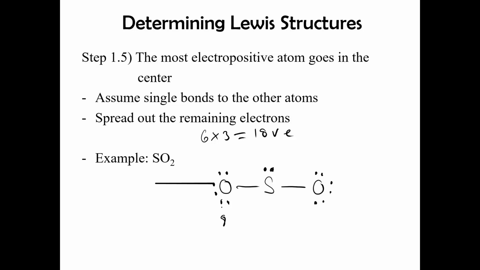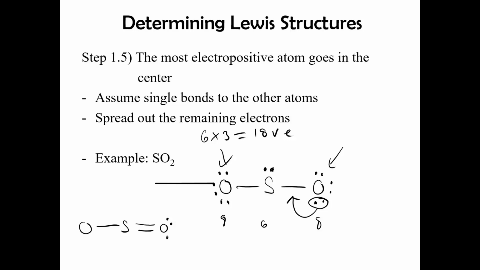We have 8 electrons here, but only 6 here and 8 here. So we move a lone pair from an atom that has an octet and make a double bond. Now we need to make a double bond. And it doesn't matter whether you do it on this oxygen or on this oxygen. So now we have a double bond.